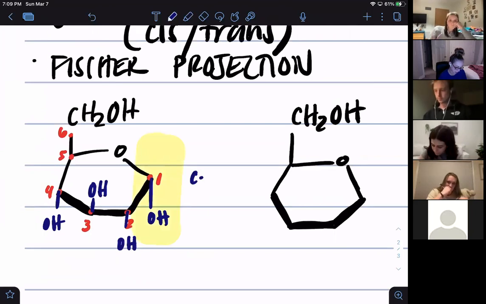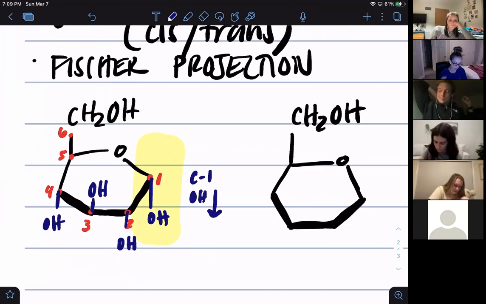We're on carbon 1 and the OH is below. Or in this view, it's actually behind, but neither here nor there. For spatial awareness, this is definitely below.